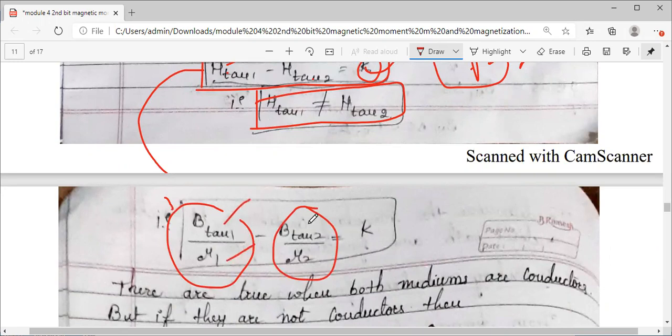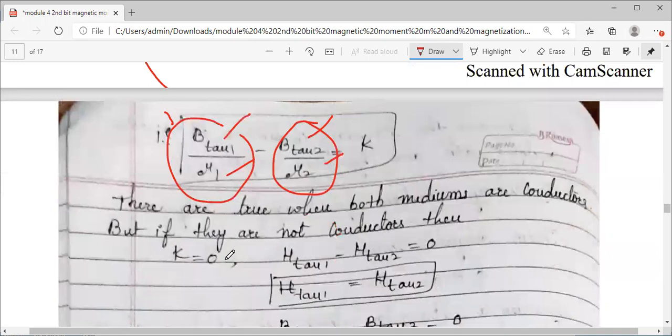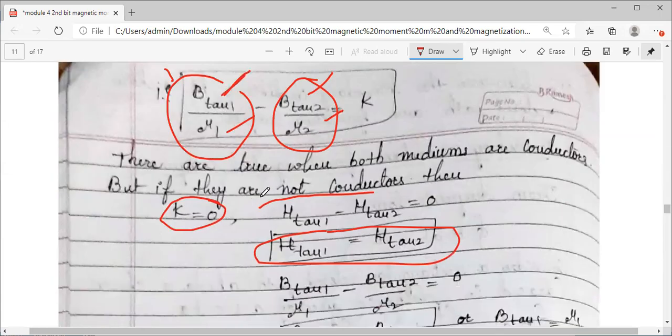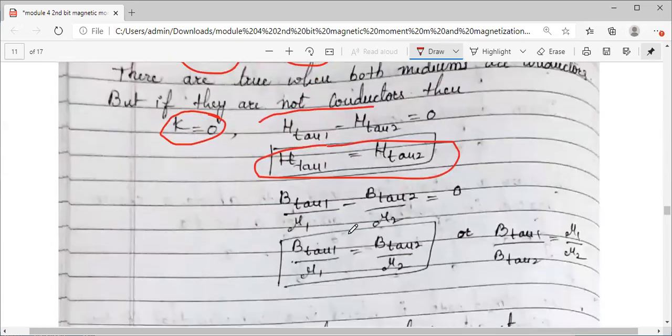So Btan1 by mu1 minus Btan2 by mu2 is equal to K. Both values of H tangential components are equal, or equal means continuous, provided K is 0. And what about B? B will be the opposite. If this is continuous, the other one will be non-continuous.